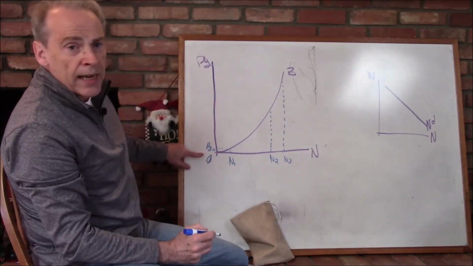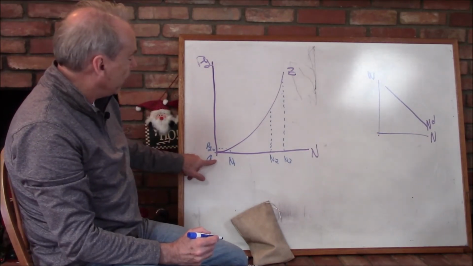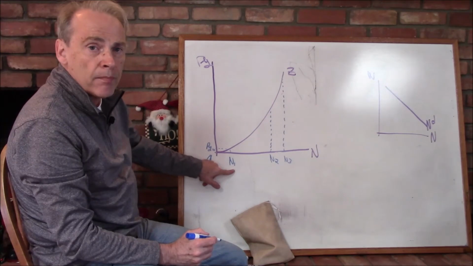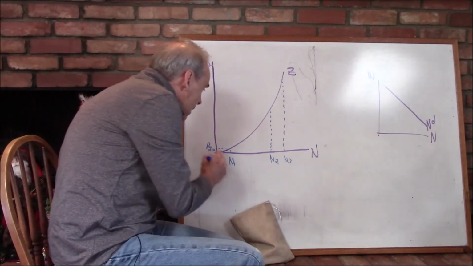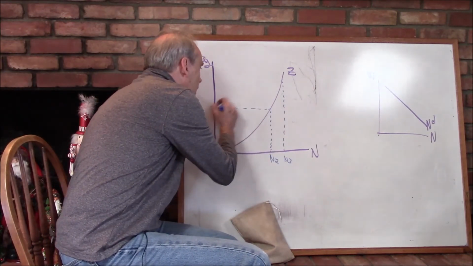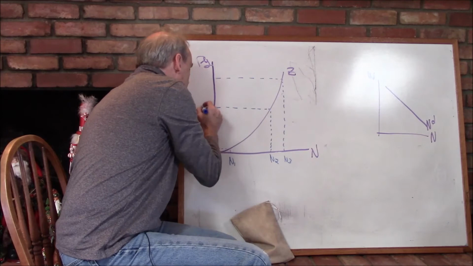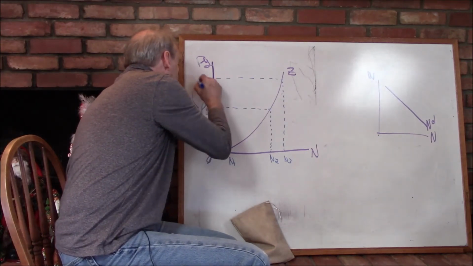It takes only a tiny increase in sales from 0 to PY sub 0 to convince firms to hire N sub 1 workers. But to have that same increase from 0 to N sub 1 over here, it requires a huge increase in sales.